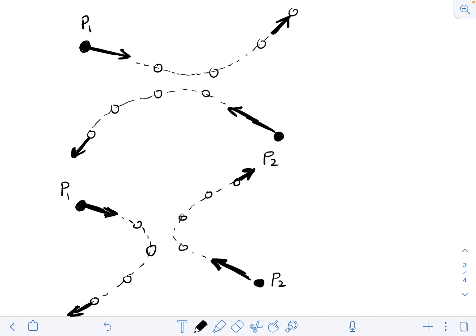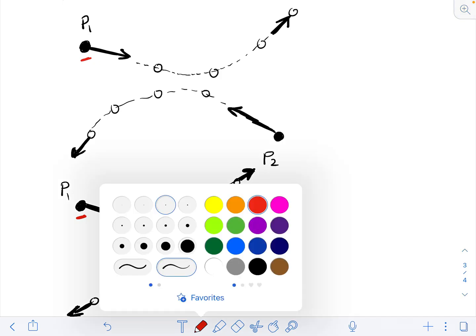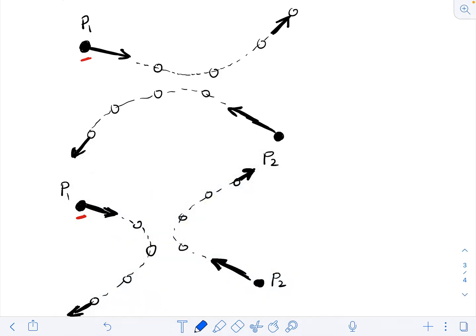If you look at these two situations, they have similar starting positions: particle 1 in the top left corner, and particle 2 in the bottom right corner.